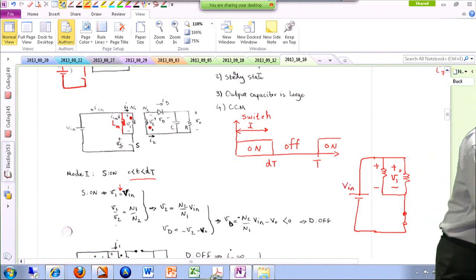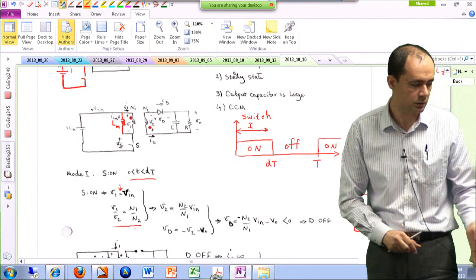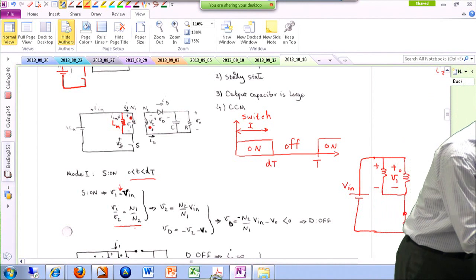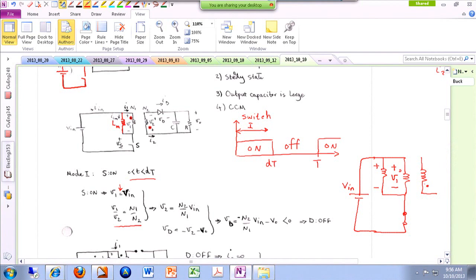Because this is an ideal transformer, we already know that V1 over V2 equals N1 over N2. Remember, there is a secondary side over here. The dot is here in the bottom. Therefore, V2 is in this polarity. You know this general equation holds for all transformers.